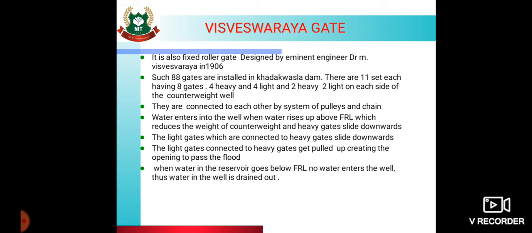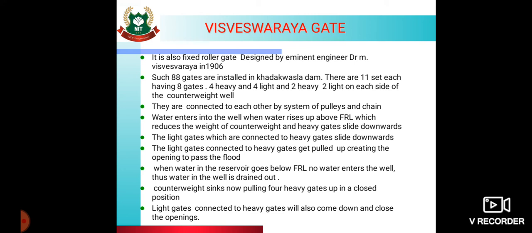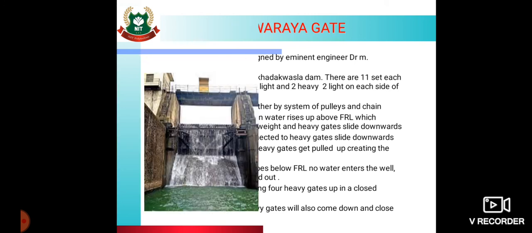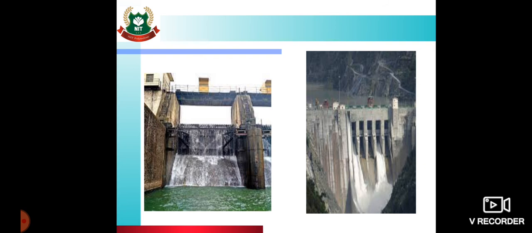When water in the reservoir goes below full reservoir level, no water enters the well, and the water in the well is drained out. The counterweight sinks now, pulling the 4 heavy gates up to the closed position again. Light gates connected to heavy gates will also come down and close the openings. So these are the Visvesvaraya gates.